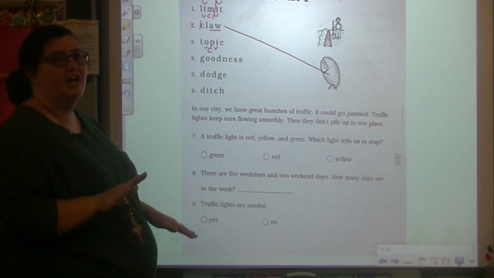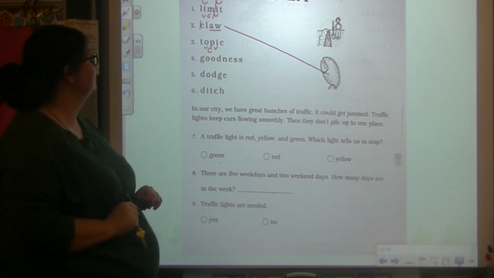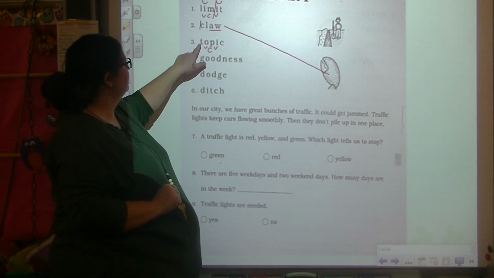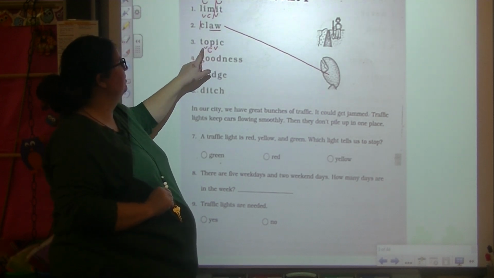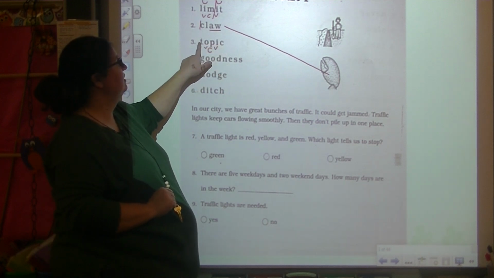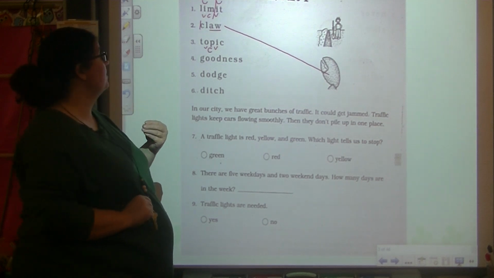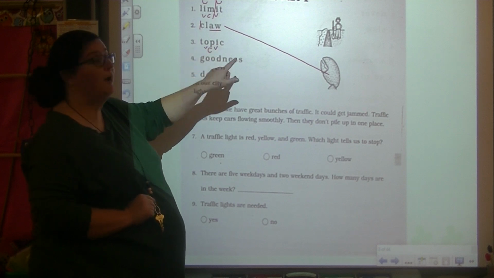Okay, do we want that O to make a long sound or a short sound? Let's try it first with the long sound where we would divide here. O, tope, ick, topic. Now let's try the short sound. Op, ick, topic.